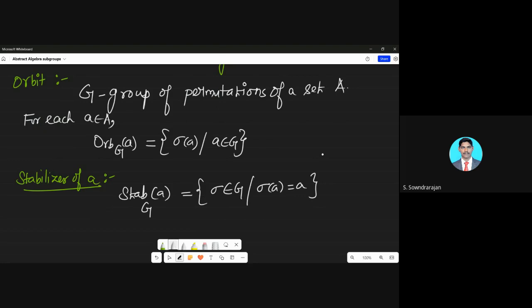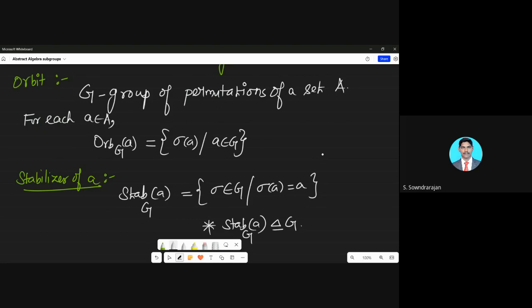The set of all stabilizers of a in G forms a group. That is, the stabilizer of a under G is a subgroup of G. Right? Okay.